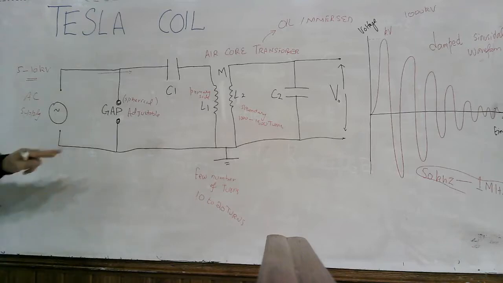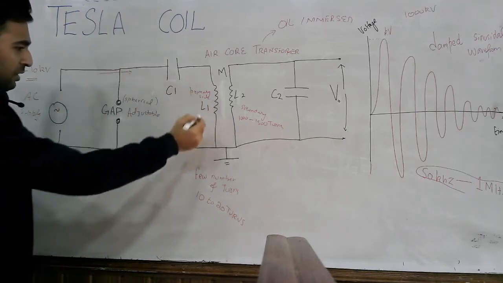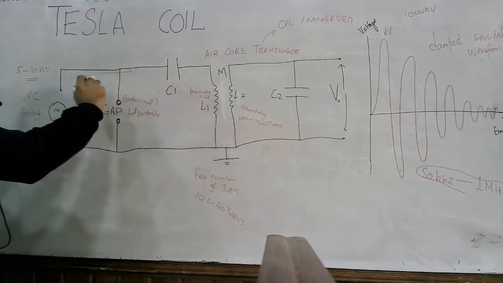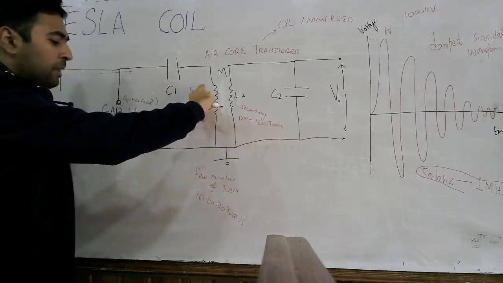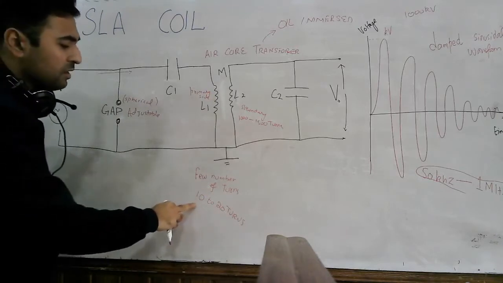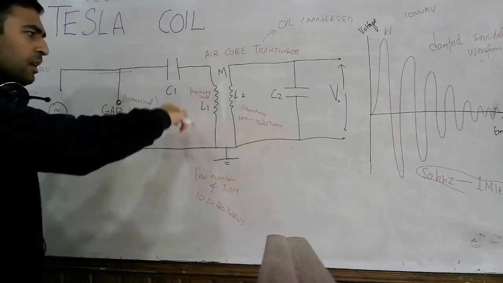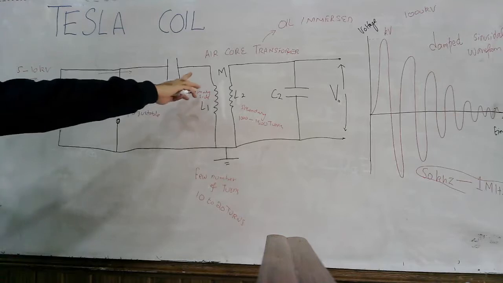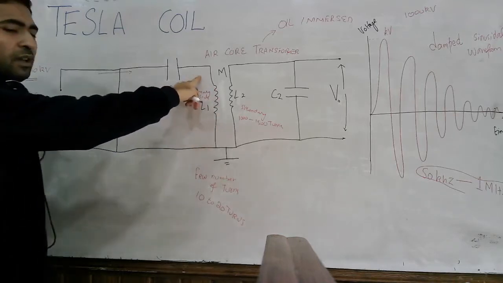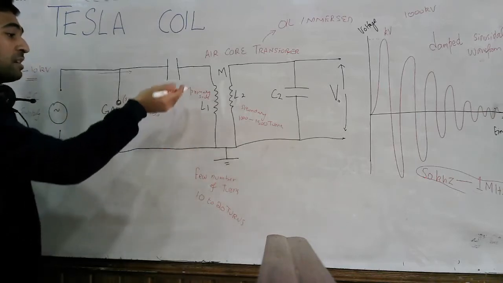At first this spark gap is behaving as an open circuit, so the current flows in this direction through the capacitor, the AC waveform flows in this direction, and since this inductor L1 has just 10 to 20 turns, it will behave just like a cable or a conductor. It will not be showing its inductance property.